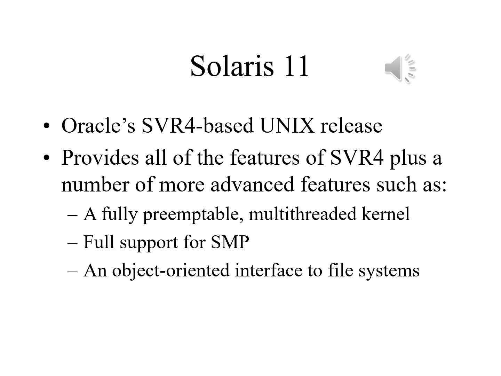Solaris is Oracle's SVR4-based Unix release, with the latest version being 11. Solaris provides all of the features of SVR4, plus a number of more advanced features, such as a fully preemptible multi-threaded kernel, full support for SMP, and an object-oriented interface to file systems.